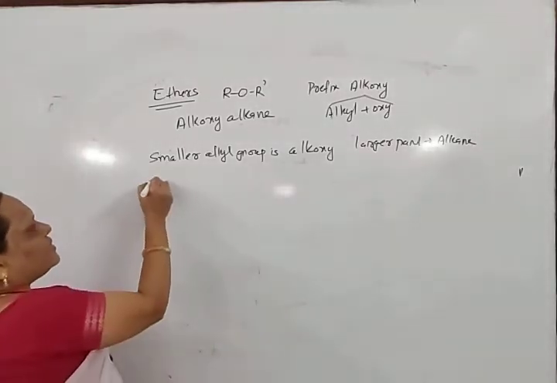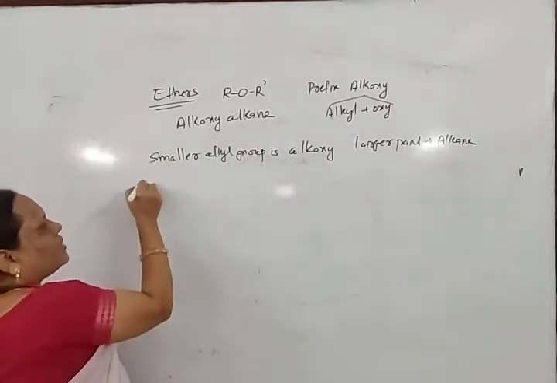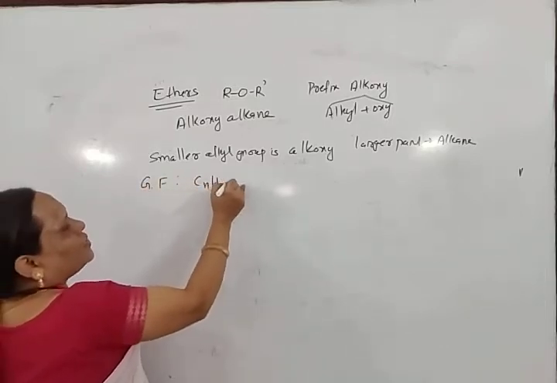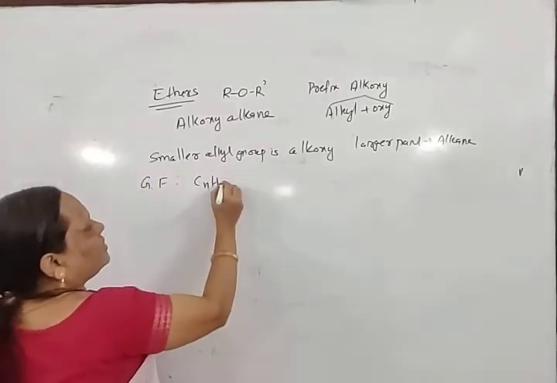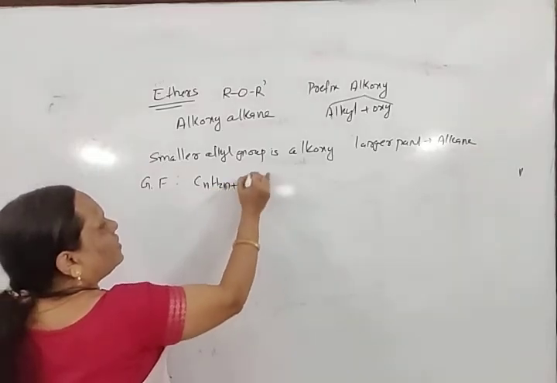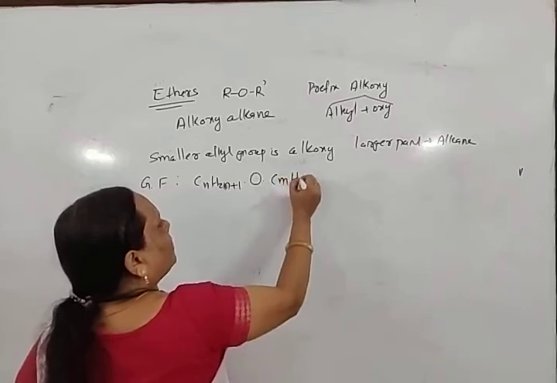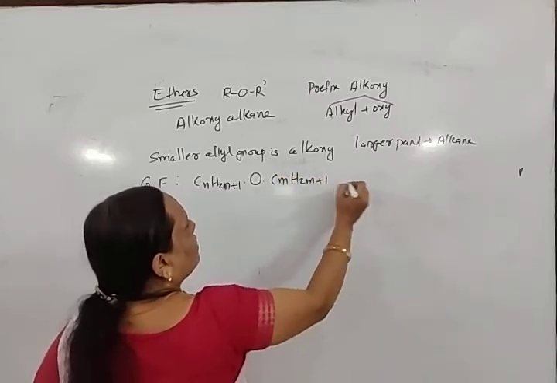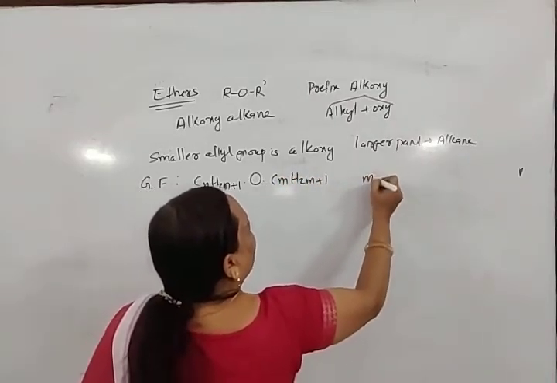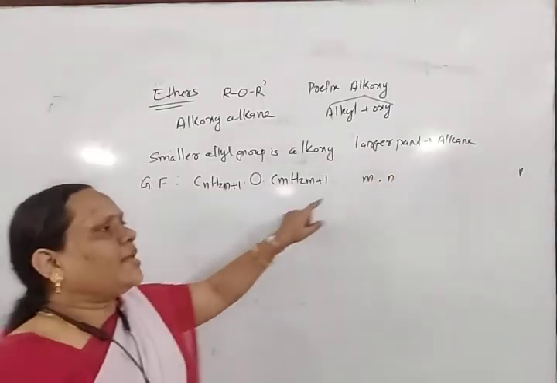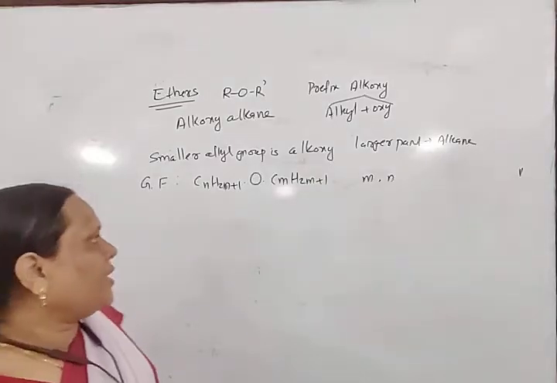It is represented as R O R dash. That is the general formula: CnH2n+1 O CmH2m+1. M and N may or may not be equal.